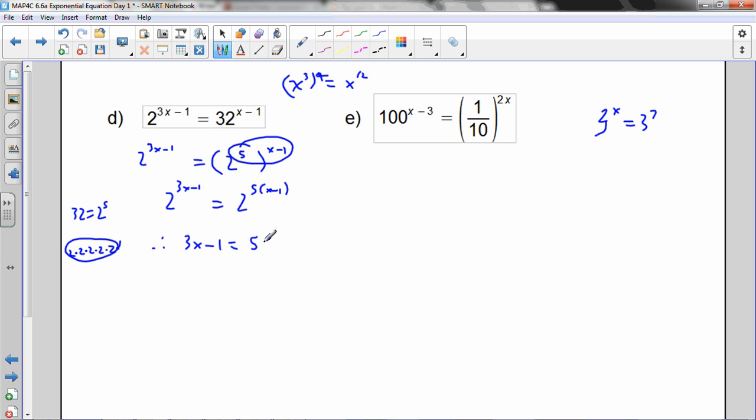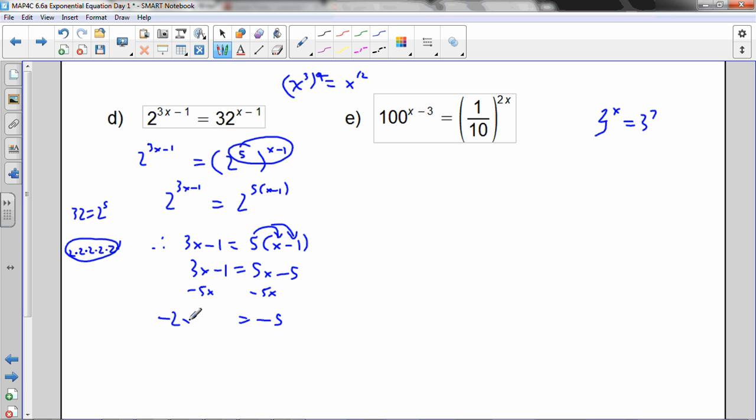And now I have a slightly more difficult grade 9 problem, right? Expand the brackets. Get all the x's on the same side. Collect like terms there. The 5x is gone. I'm left with minus 5.